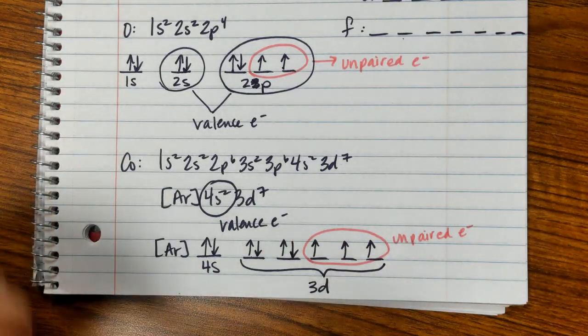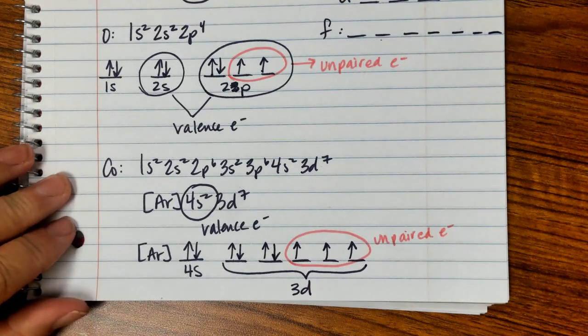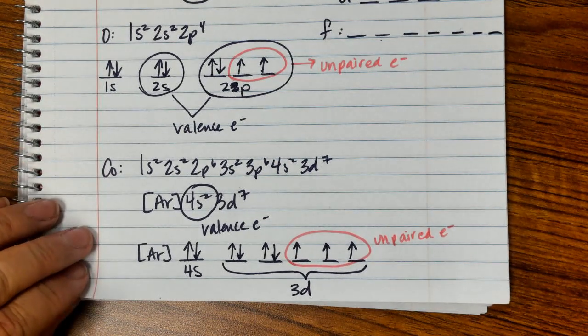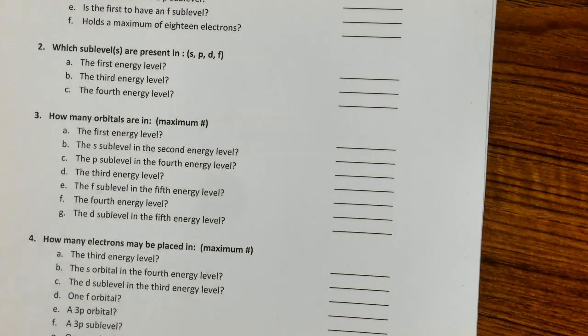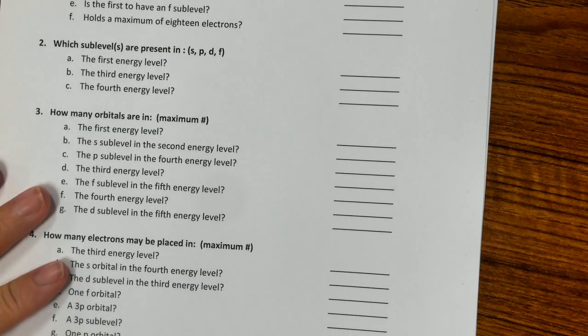Okay. So I'm going to pass out the worksheet we're going to do here in a sec. So we're going to move on to this worksheet. Now, you have to read the prompt every time.